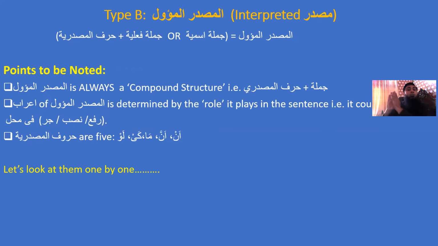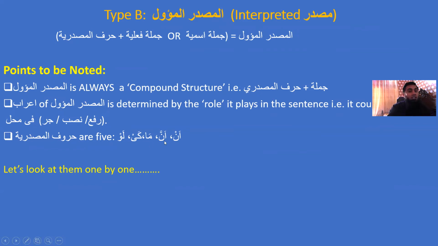If you recall, fi'l mudare becomes mansoob or majzoom if some words come before it. We know this, okay? Those words, please pay attention, those words which make mudare mansoob, one of those words is an, and this an is the same an. An is from those words which make mudare mansoob, but today we are learning that this an is not only a harf nasab for fi'l mudare, but it is also harf masdariya.